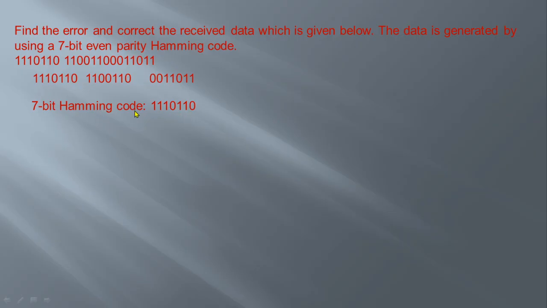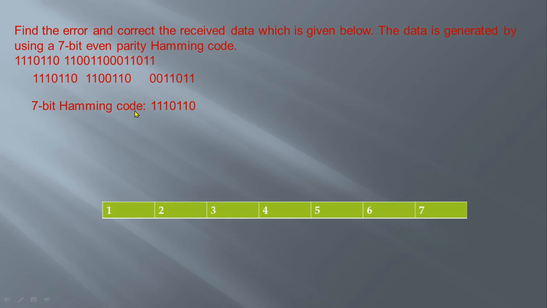In the first group, the 7 bits are 1110110. This is the 7-bit Hamming code generated at the transmitter, and this data consists of data bits and parity bits. The parity bits are added in the positions of 2 power n, that is, n equal to 0, 1, 2.